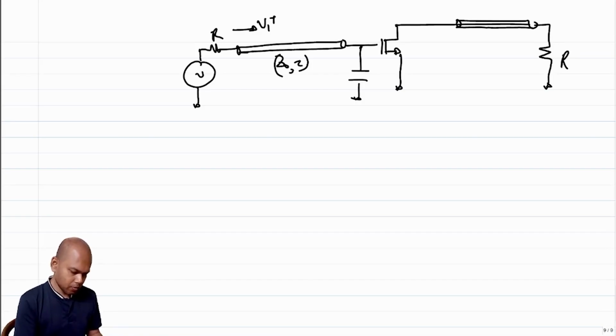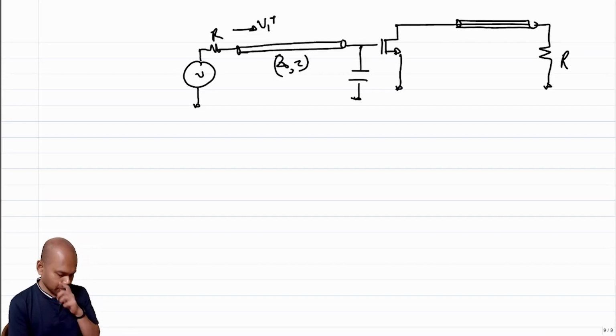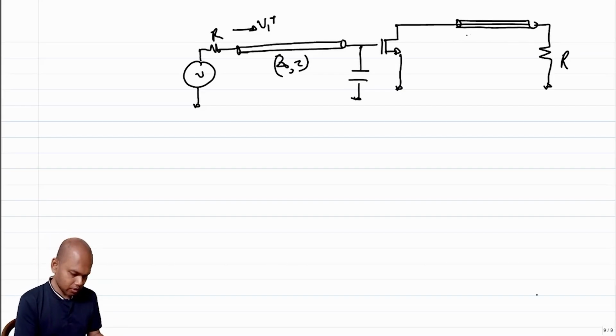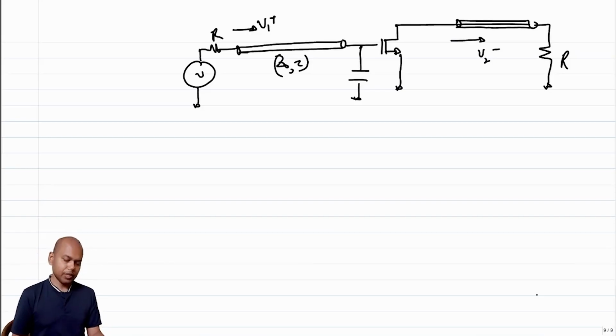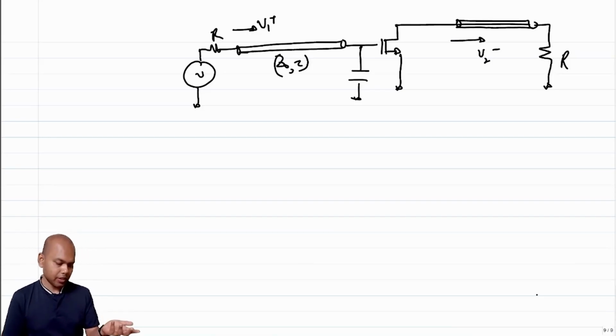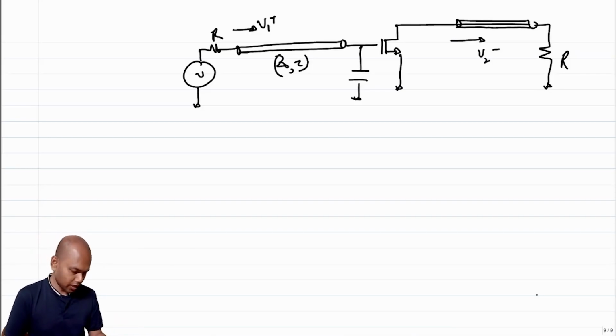In order to find out this output current, by the way, we are interested in V2 minus. So we are interested in this, right? The output is anyway terminated with a characteristic load impedance, so there is no reflection from the output side.